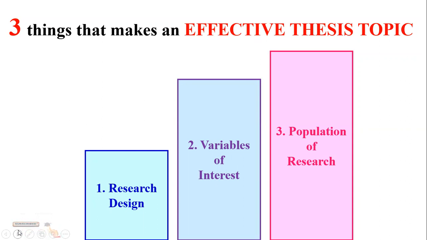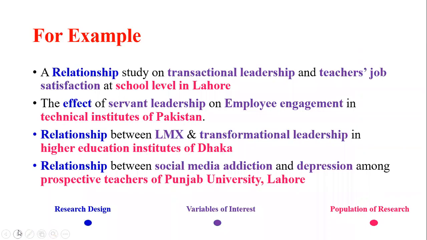So I will show you an example of how your topic would become effective after adding these things, right? Blue shows research design, purple shows variables of interest, and the pink color shows the population of your study.